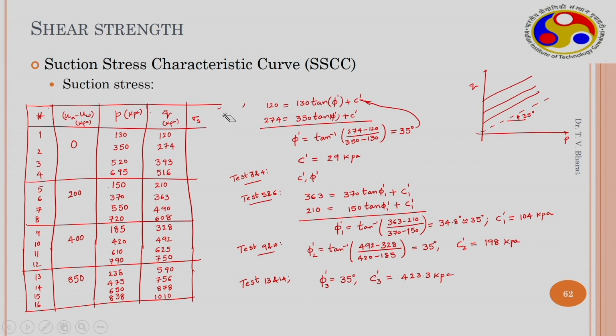So, let me write this somewhere here, test 1 and 2. So, sigma s values we can obtain. Sigma s is equal to nothing but C dash, C i dash by tan phi i dash.